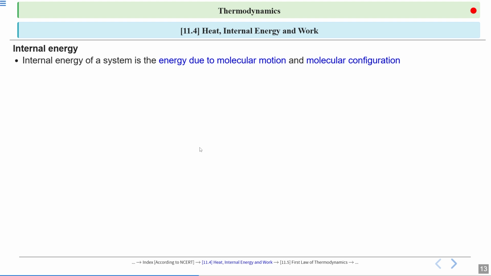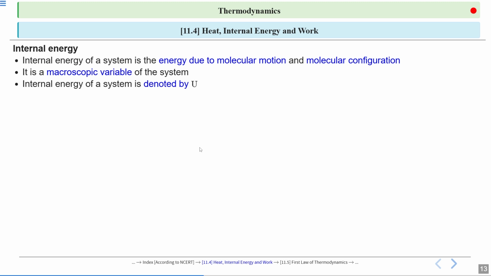And the sum of energy due to the molecular motion and due to the molecular configuration is called internal energy. So it is a macroscopic variable of the system. Internal energy of a system is denoted by capital U.